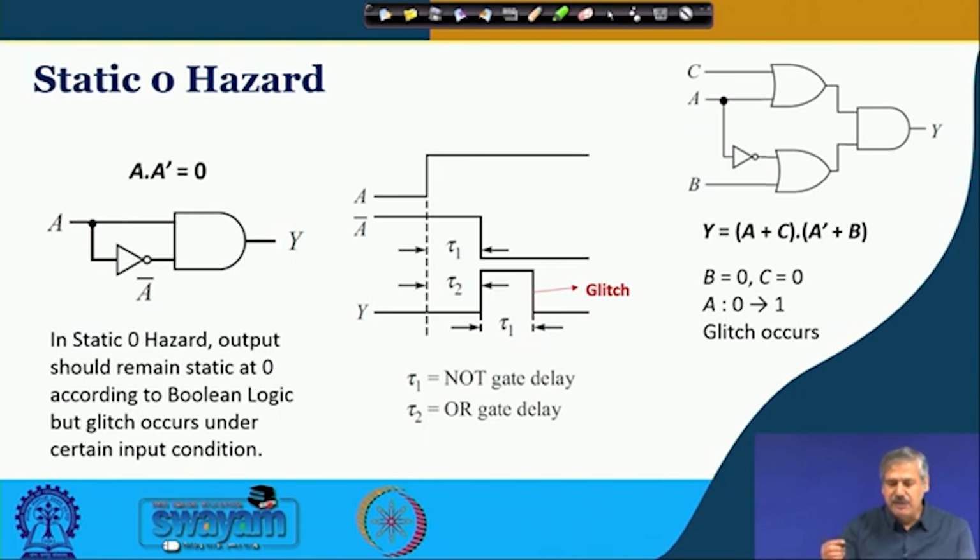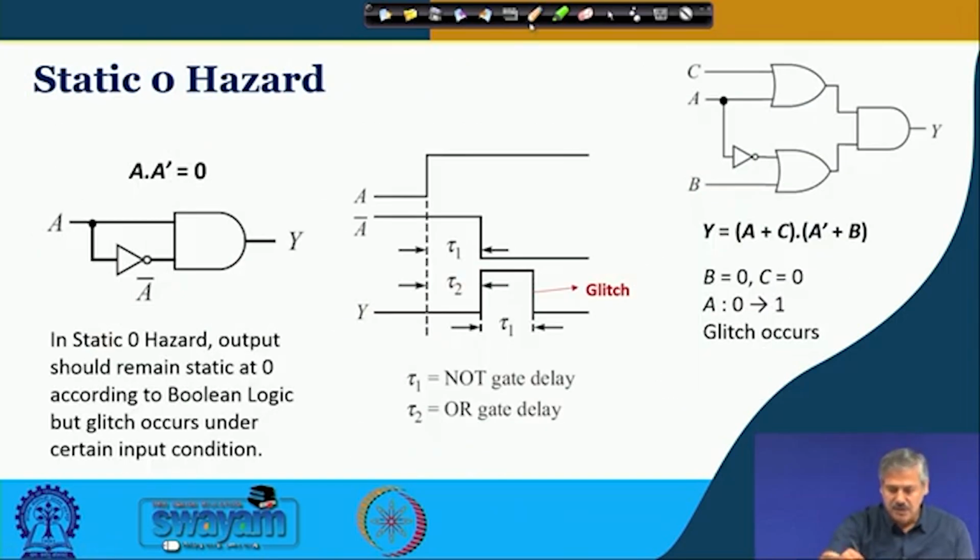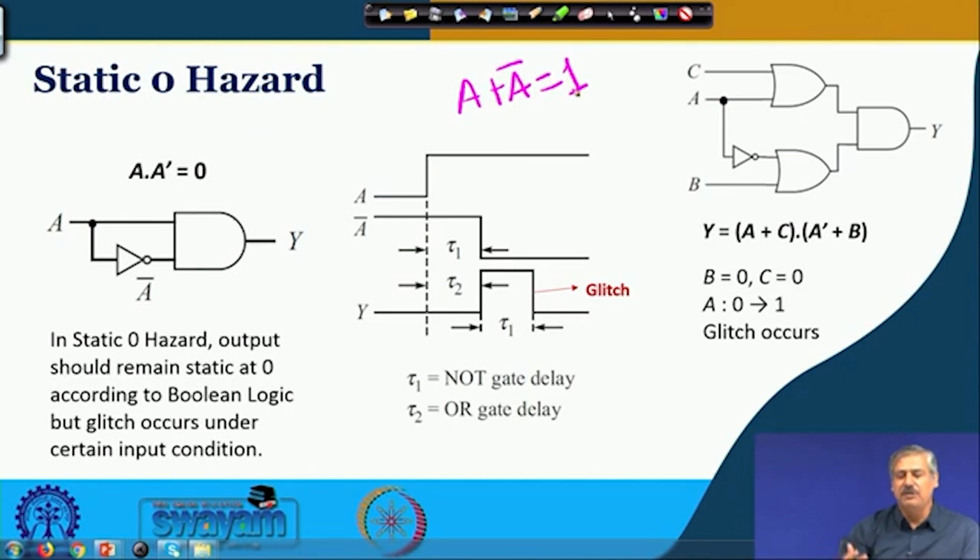In static 1 hazard, if we remember, the Boolean expression reduced to something like A plus A prime equal to 1, which always needed to be at 1, but because of the propagation delay involved in generating A prime through an inverter, we found a negative going pulse or a glitch occurring, and we found how to detect that and how to cover that.